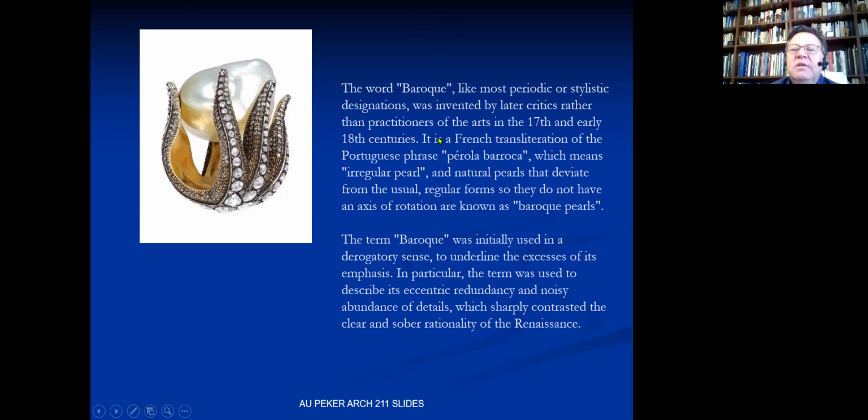It's a French transliteration of a Portuguese phrase, Perola Barroca. It is a Portuguese name, which means irregular pearl. This is the origin of Baroque. Perola Barroca, irregular pearl.